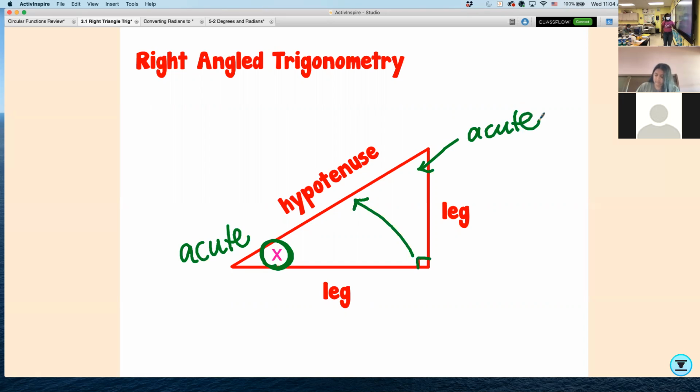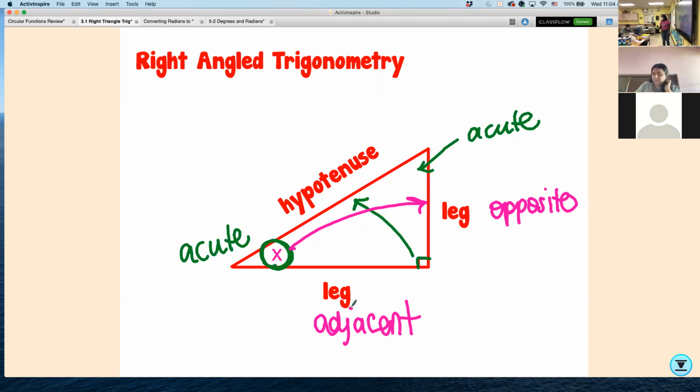So if I use this angle down here that's labeled X, then this leg, the one that's opposite, or the one that's across from that angle, will be called your opposite side. Okay? And then the leg that's next to the angle would be called your adjacent side.